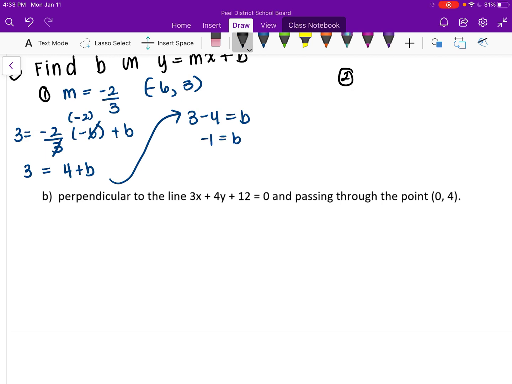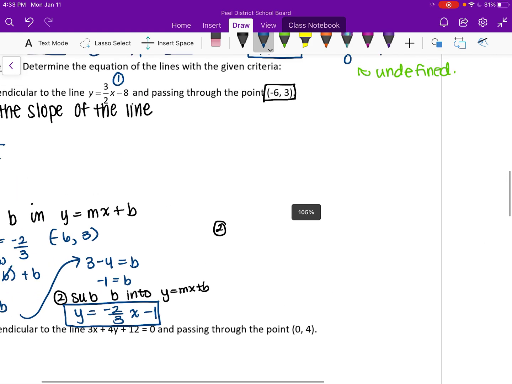And then I'm going to sub b into y equals mx plus b. So then it becomes y equals negative 2 over 3x plus negative 1, which is just the same thing as saying minus 1.